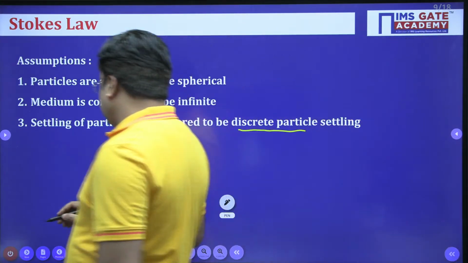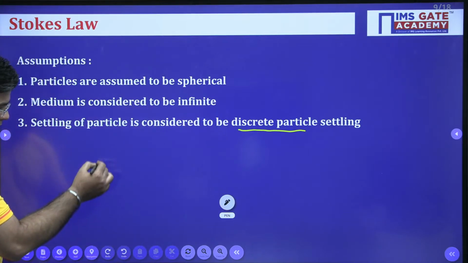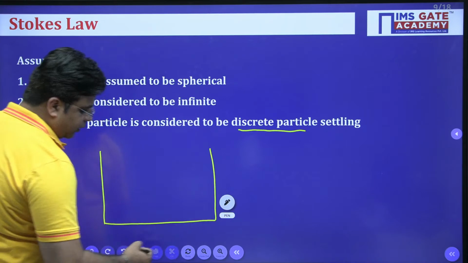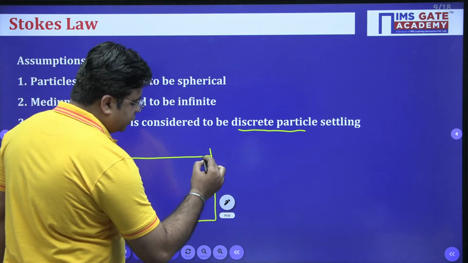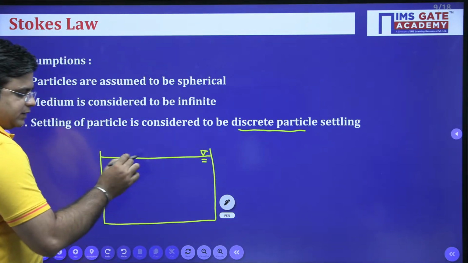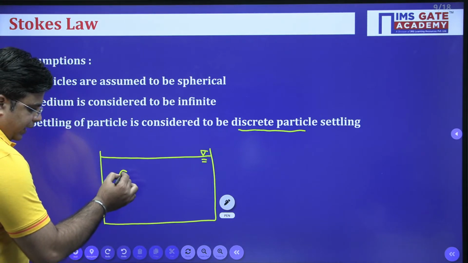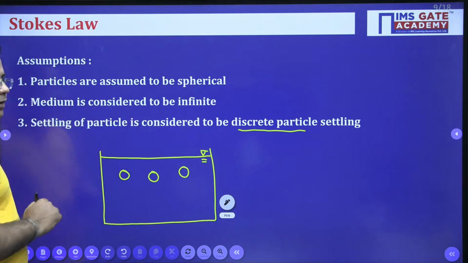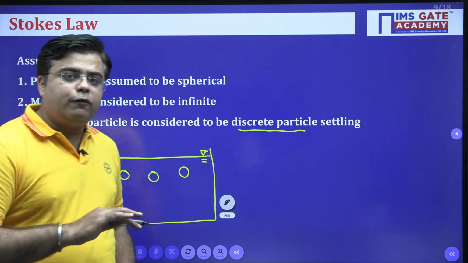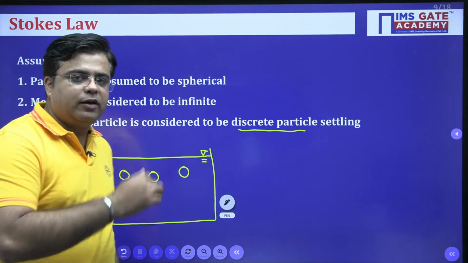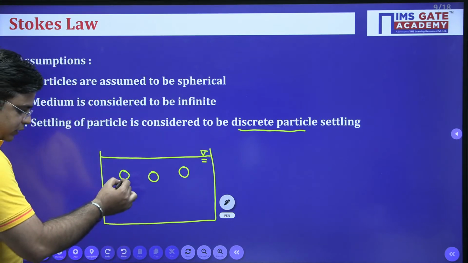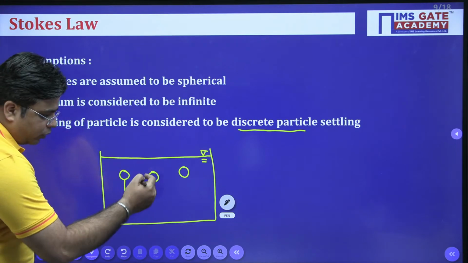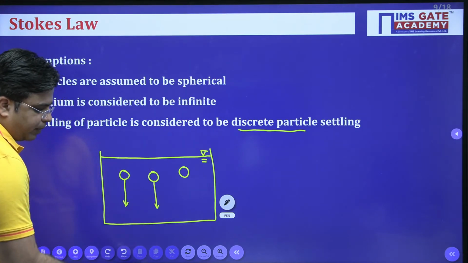The third assumption is that settling of the particle is considered to be discrete particle settling. Inside my water sample there will be n number of particles which are settling at the same time. If this is my water sample present inside the tank where settling is happening, there will be n number of particles settling simultaneously. This statement means that the settling of one particle will not affect the settling of the other particles.